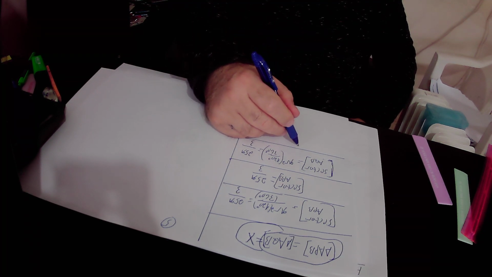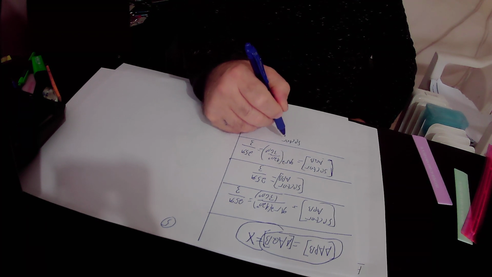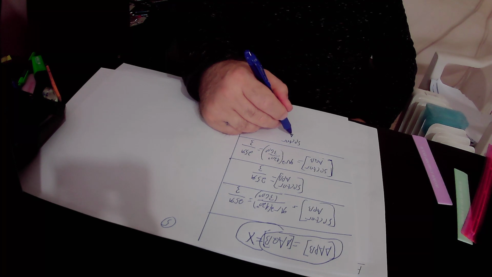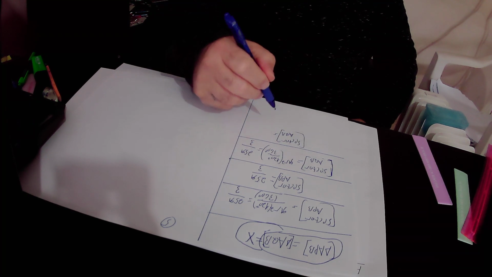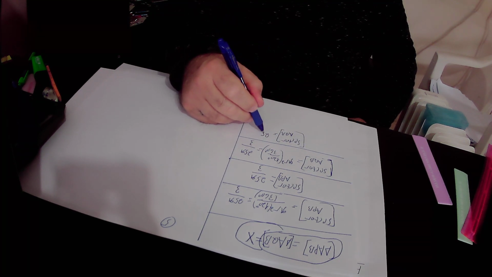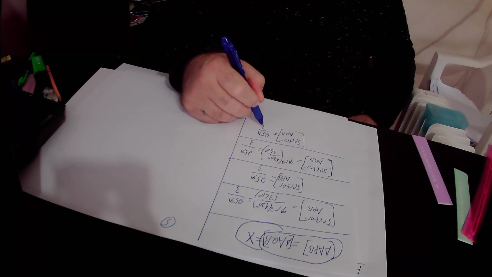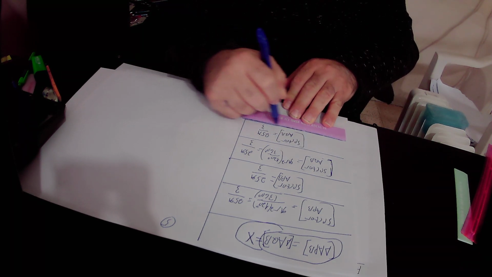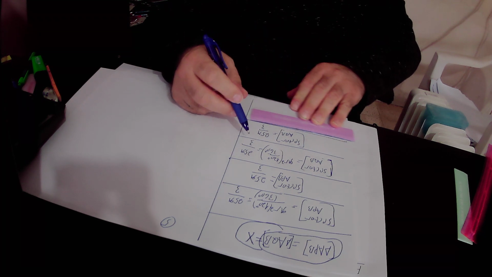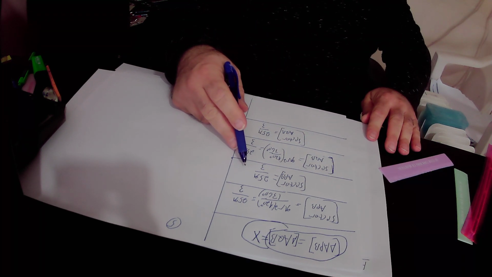And we found out that the area of sector AQB is also equal to 25 pi over 3 square units, exactly as the area of sector APB.